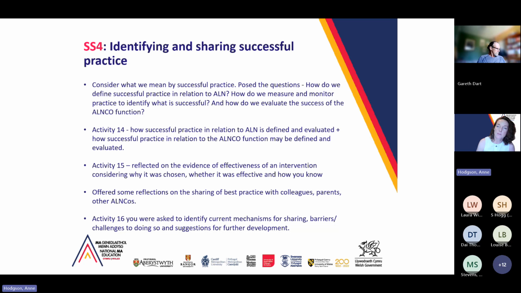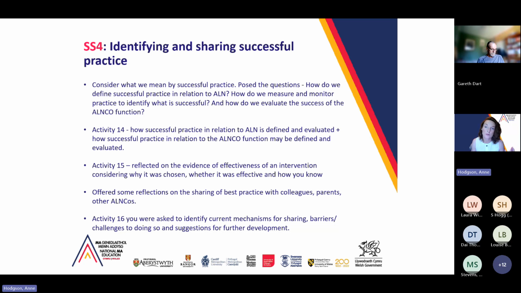But essentially, in the PLP, it was asking you, how do we define successful practice? How do we measure it? How do we monitor it? How do we identify it? And there were some activities in there asking you to identify good practice, successful practice in relation to ALN, and how it's defined, how you evaluate, and also then in terms of interventions, how do you measure the effectiveness of an intervention?